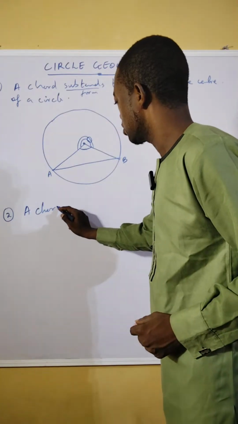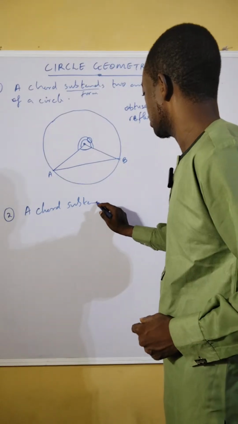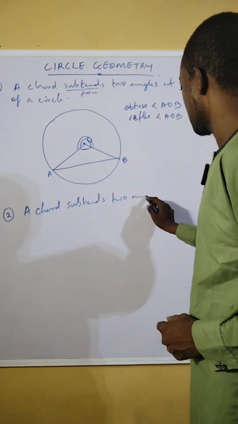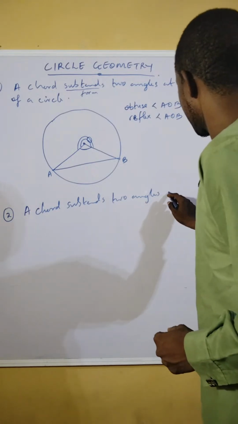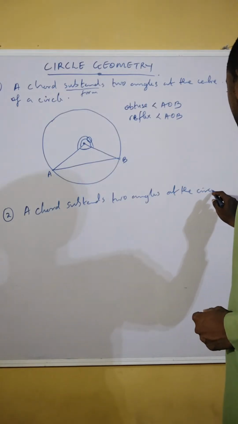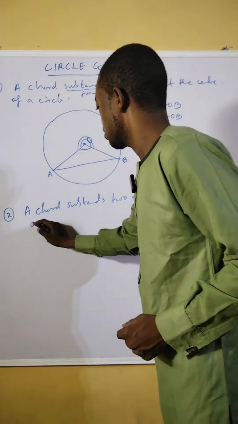A chord subtends two angles at the circumference of a circle.